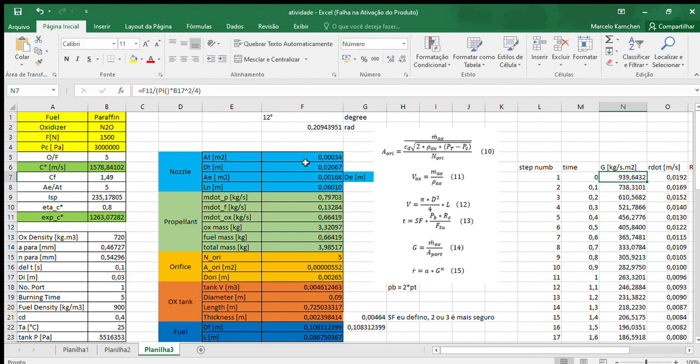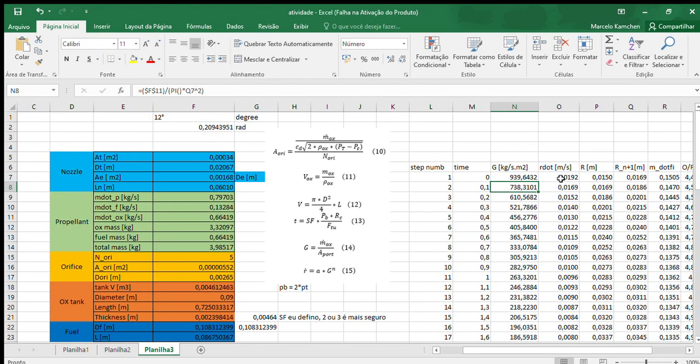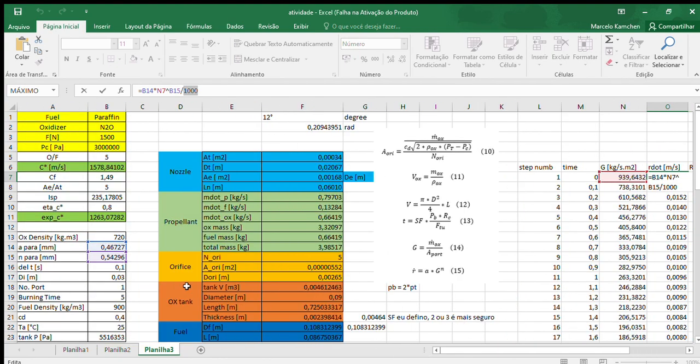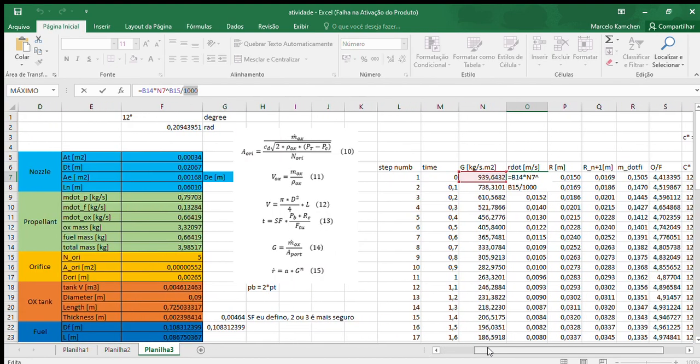Divided by the port area, the initial port area, and using equation 15 we can calculate the R dot. We divide by 1000 because here it is in millimeters and we need it in meters.